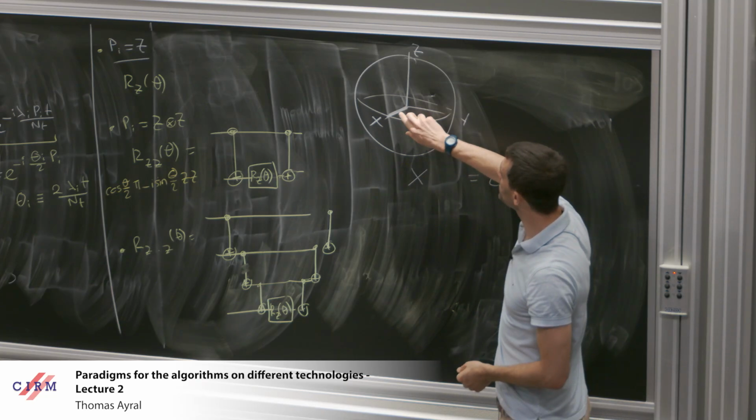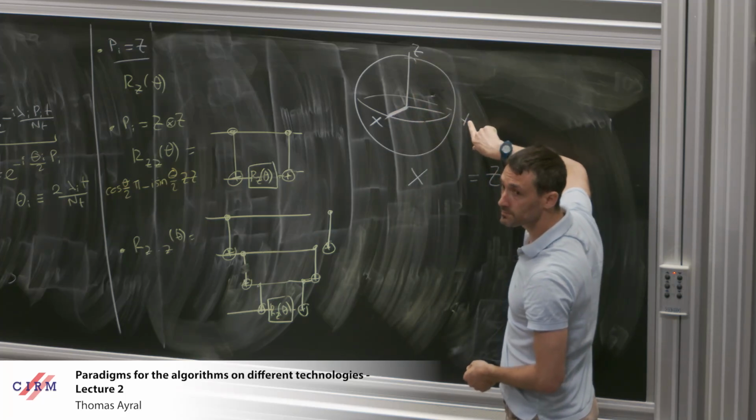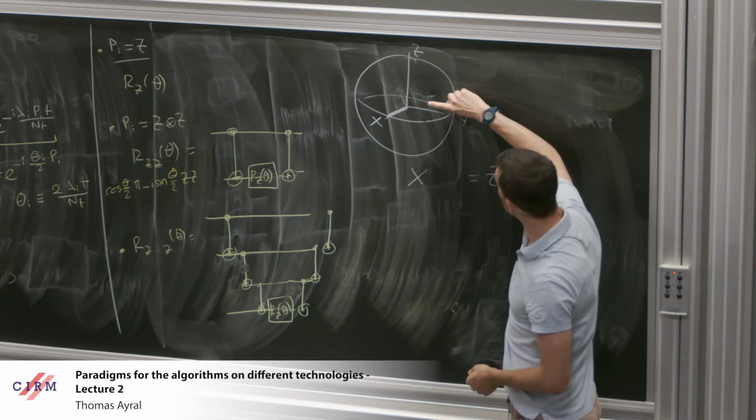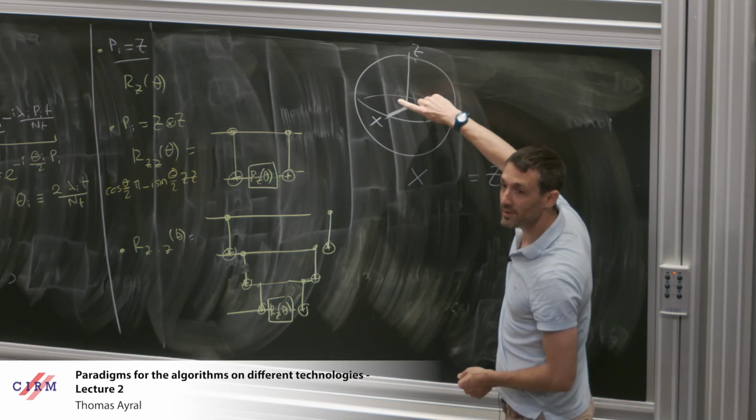So you see here, if I want to rotate X to Z, I need to do a Y rotation. And the Y rotation has to be of angle minus pi half, if I do it in the right order.